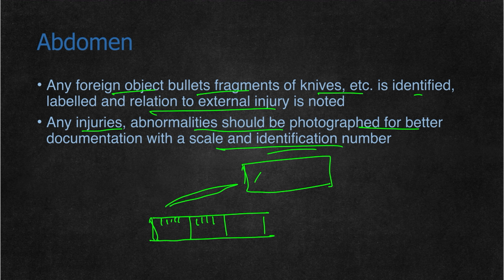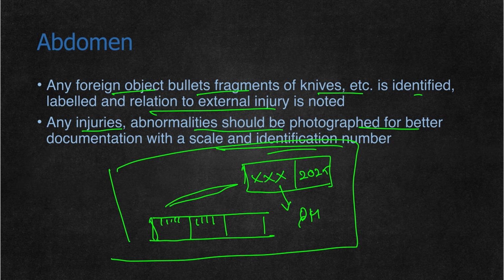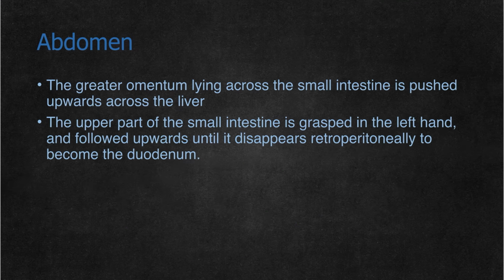Usually there should be a number along with the year. The number will represent the case number, so the PM number will be present and the year in which we did it. This should be present in any photograph. At minimum, these two things should be present along with the injury which is photographed.